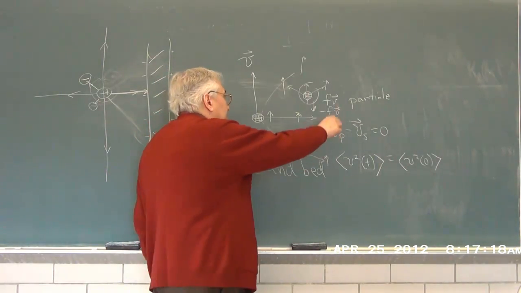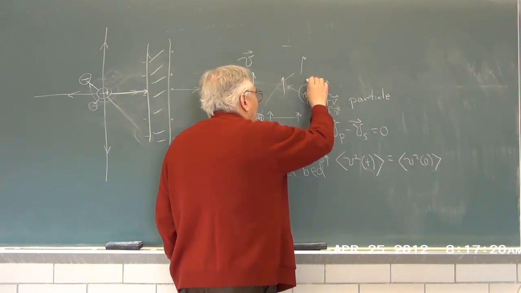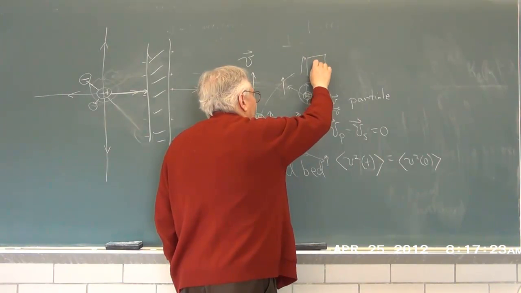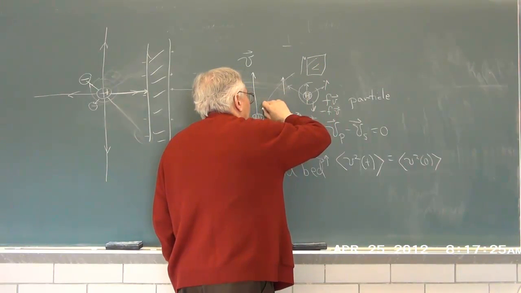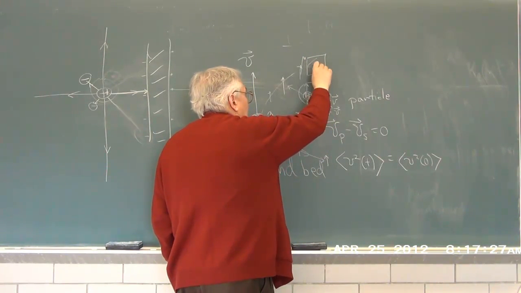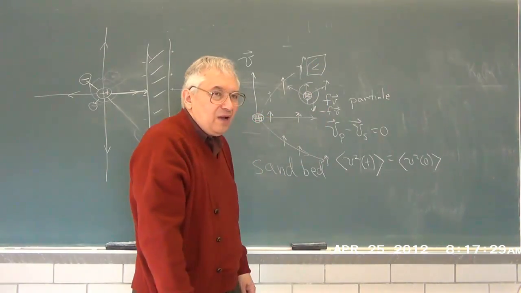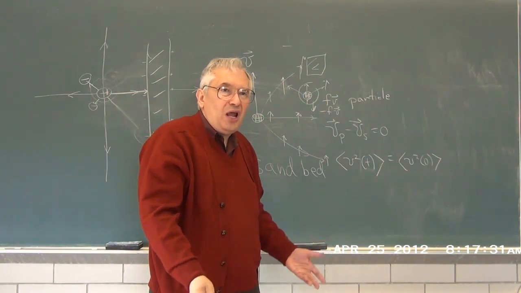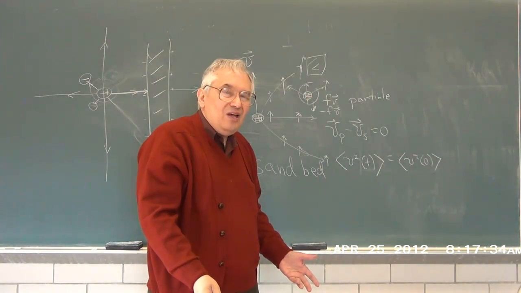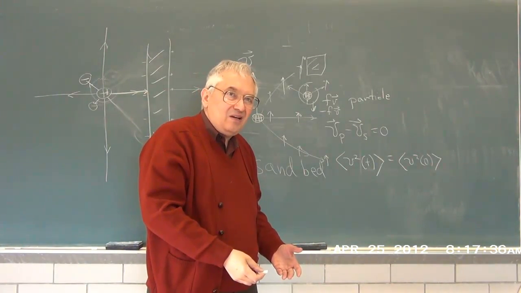And the answer is, if this is not a free particle, but a sand grain. Here's a sand grain. The fluid comes along. It exerts a force on the sand grain, and the sand grain is jammed. It's up against its neighbors, so the momentum dumps into the sand grain.